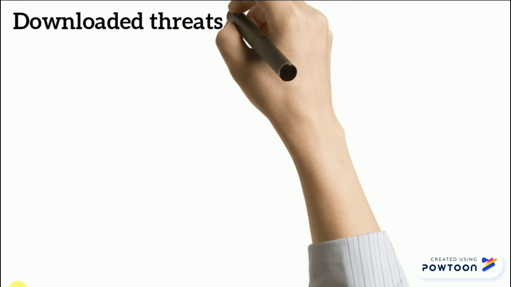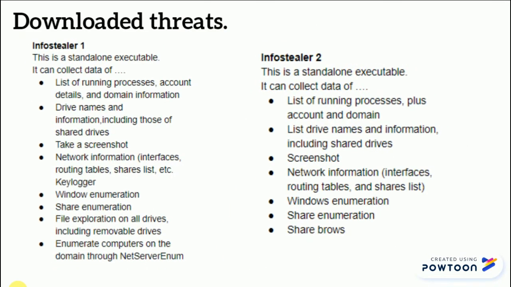This is a comparison of two downloaded threats provided by an attacker through the C&C server. InfoStealer 1. This is a standalone executable. It can collect a list of running processes, account details, and domain information. Drive names and information, including those of shared drives.